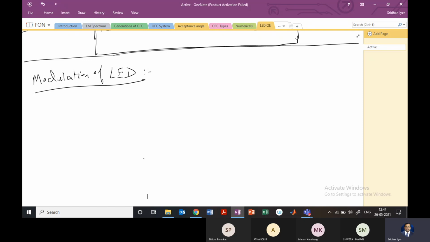So that's where the concept of modulation of the LED comes into the picture, because here we are going to directly modulate the light. But then we are not interested in the light signal as well, because ultimately at the receiver we only need to get the electrical signal back, right? So there has to be some relation between the electrical signal and the light signal.